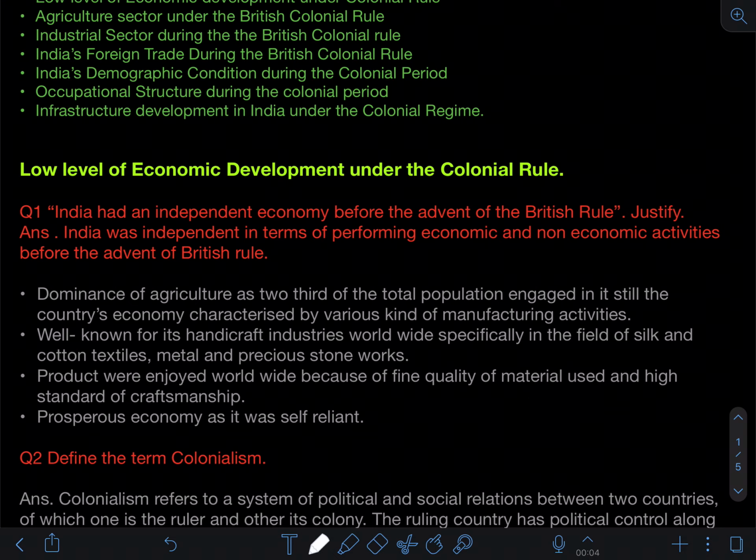At the same time, we were a self-reliant economy in terms of food grains, the crops or grains that we need for day-to-day life. We were quite self-reliant. So that is the point you need to cover under this particular question, that they can ask in the paper, what was the state of the Indian economy before the rule of the Britishers. I hope it is clear to you.